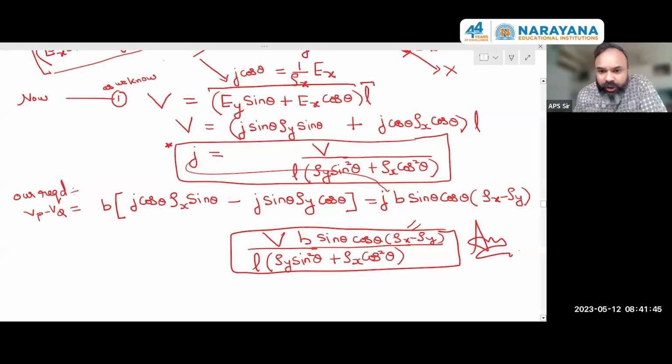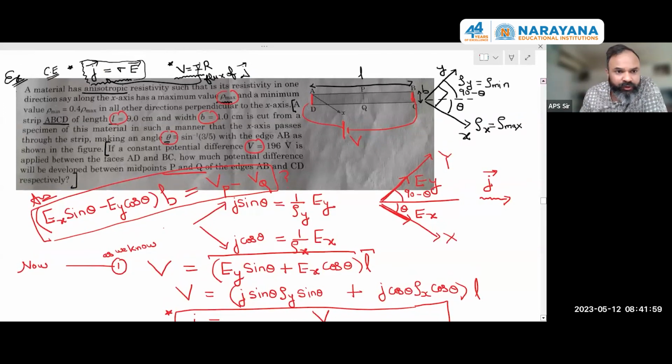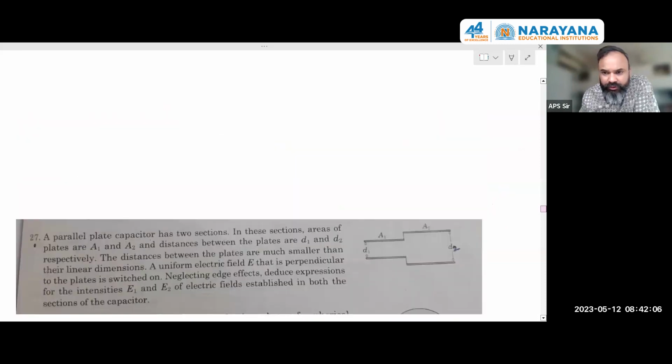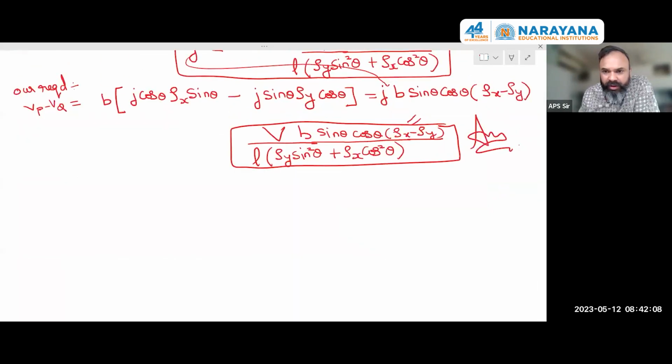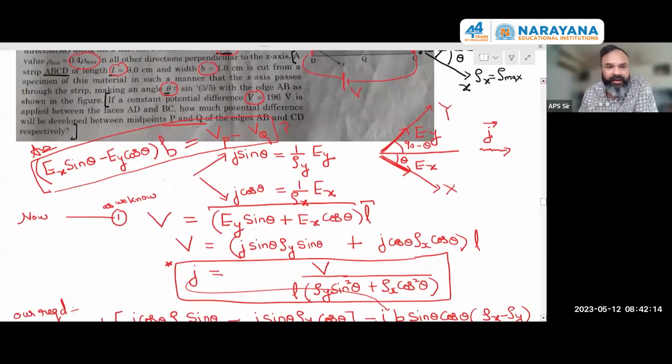And if you look at the data of the problem, V, B, L, theta, rho max and rho min were given. In fact, that ratio term will come out on its own, because when you solve this problem, rho x and rho y individually are not required, the ratio is required, and the ratio factor 0.4 has been given to you. So you beautifully get the answer.